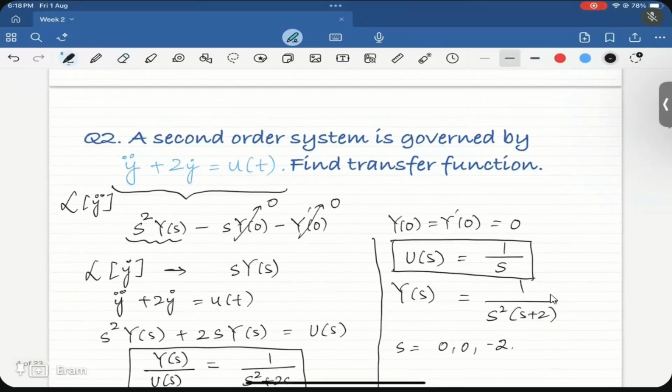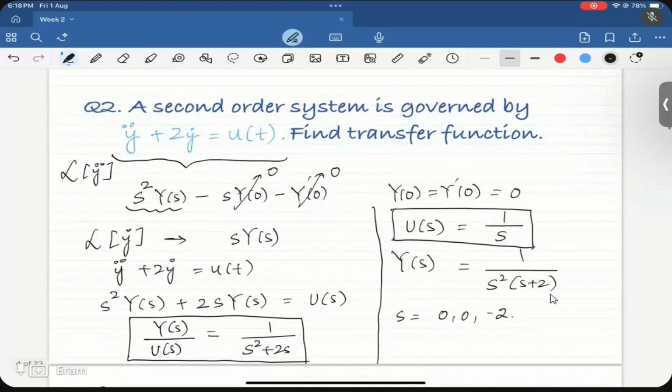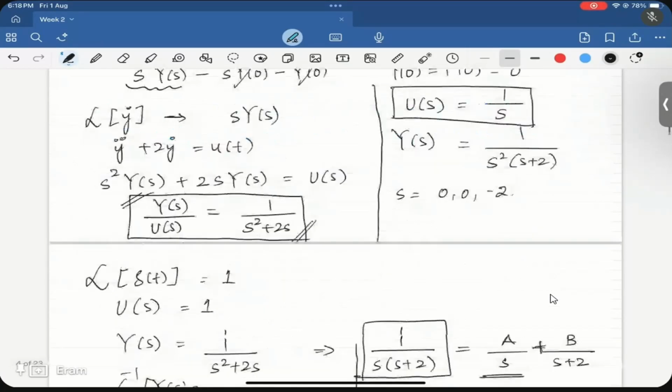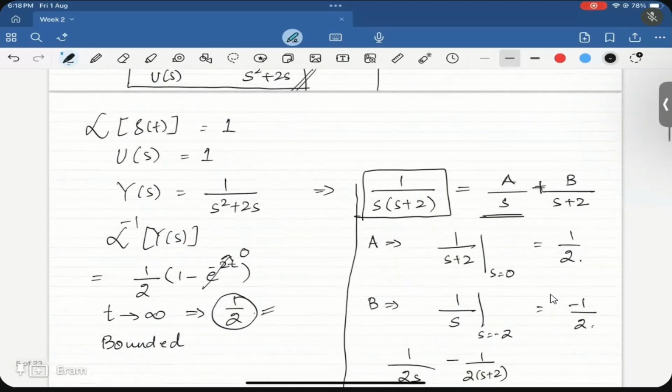Okay, so for this question, first we calculated the transfer function of it, and then I asked you to calculate the impulse response. The impulse response of this system looks like this. For impulse input, it may seem that the response remains bounded, but that doesn't mean the system is BIBO stable, because for BIBO stability the response should be bounded for all inputs.